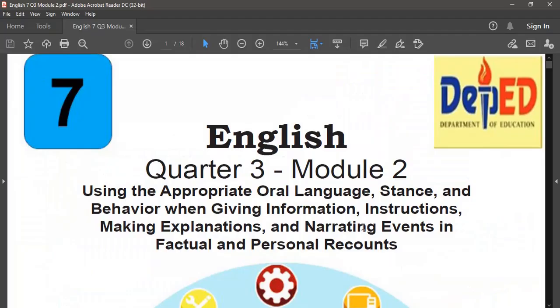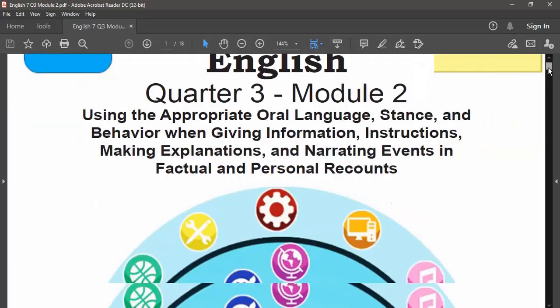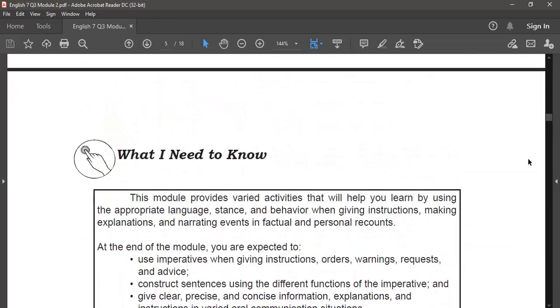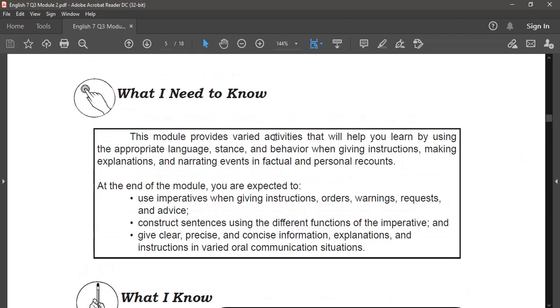back to your module and directly to this one, the What I Need to Know part. In this What I Need to Know, you can find the objectives in this module. So as a student, you are expected to use imperatives, just like what I said a while ago. We will be using imperative sentences.